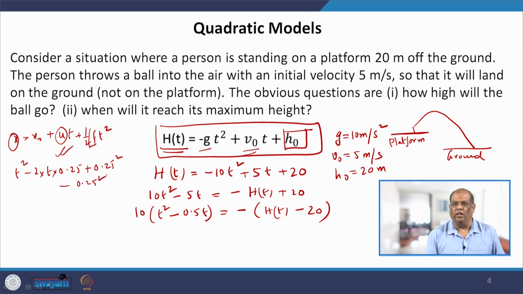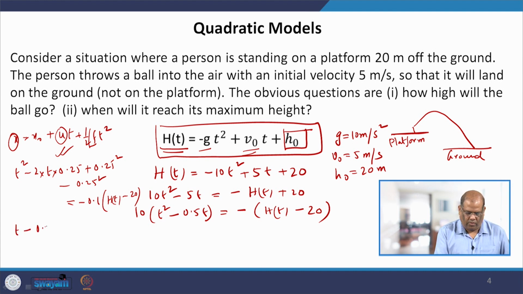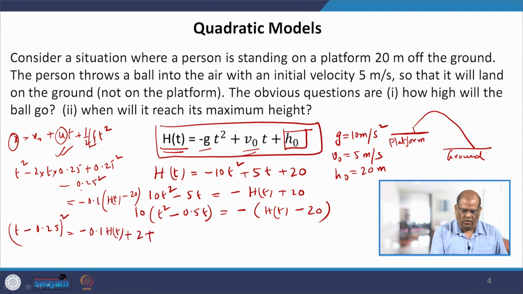I am trying to put it in the form of a minus b whole square. On the left hand side, I divide it by 10. So, minus 0.1 into h(t) minus 20. This will be t minus 0.25 square, which equals minus 0.1 into h(t) minus 20, and this 0.25 square comes to this side and gives you 0.0625.